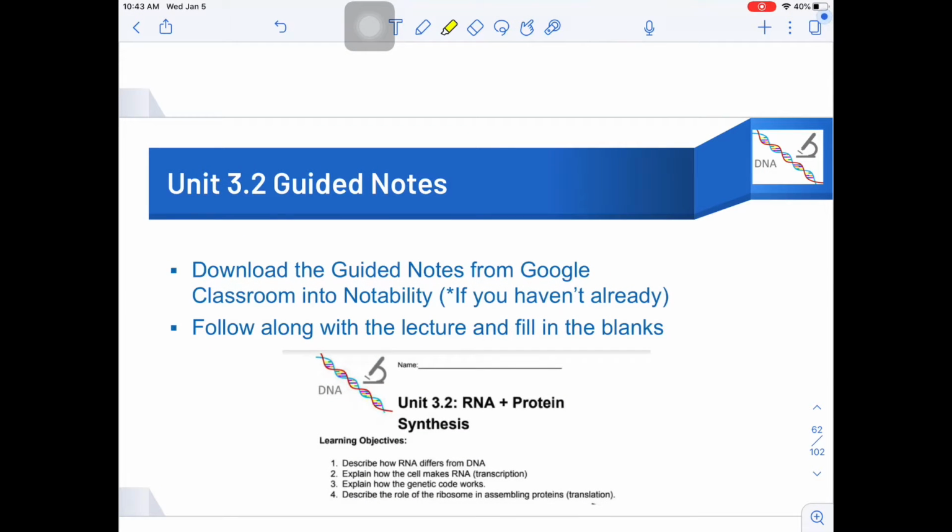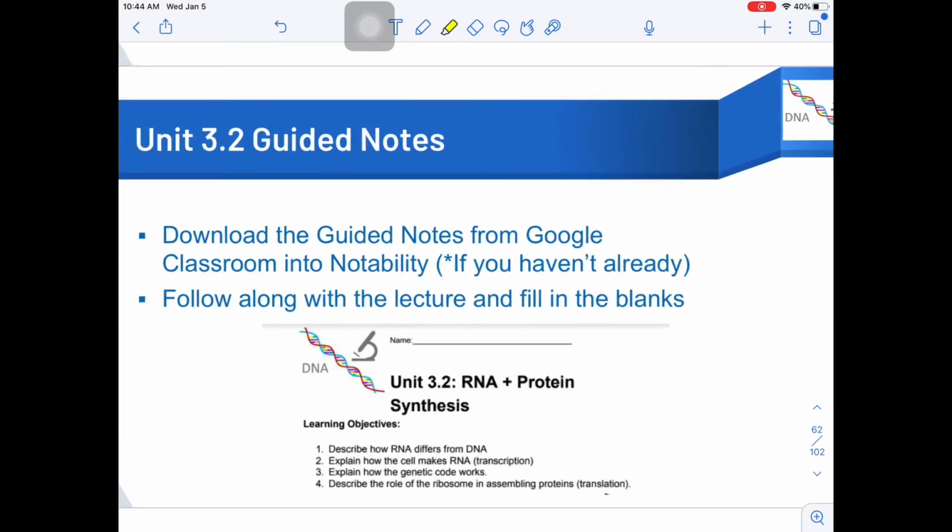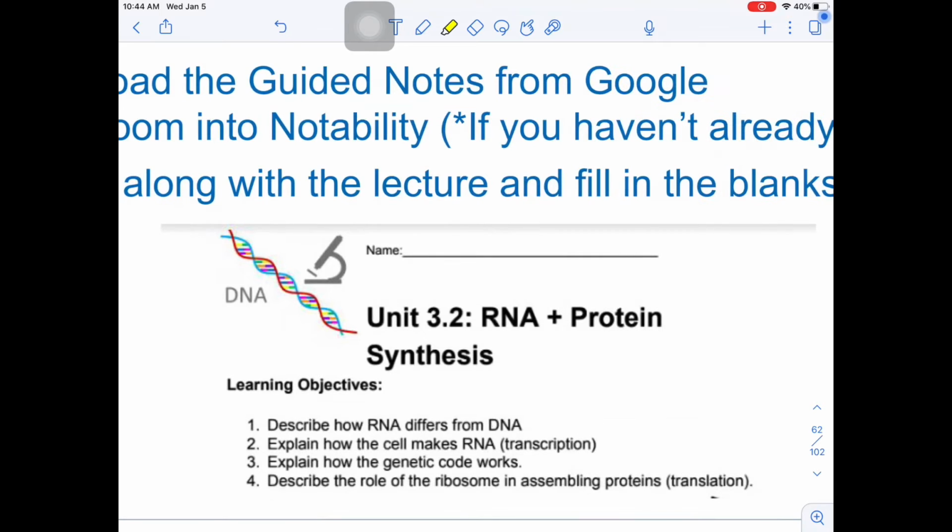For this section of notes today, we are going to be covering the second half of protein synthesis, which is the step of translation. So if you have not already downloaded the Unit 3.2 guided notes that were begun on Monday, please go ahead and download those now from Google Classroom or pick up a paper copy at the front of the classroom. On Monday, we covered the first two learning objectives for RNA and protein synthesis.